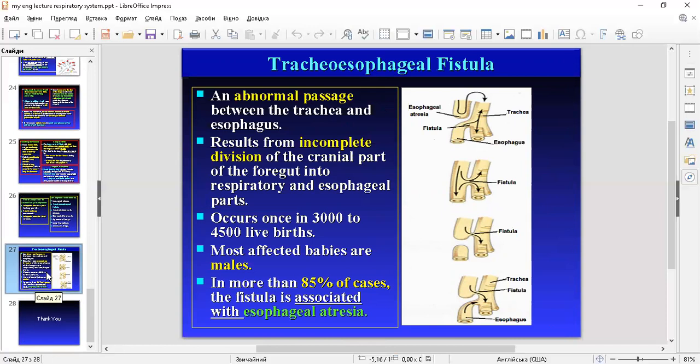Tracheoesophageal fistula. An abnormal passage between the trachea and esophagus. Results from incomplete division of the cranial parts of the foregut into respiratory and esophageal parts.